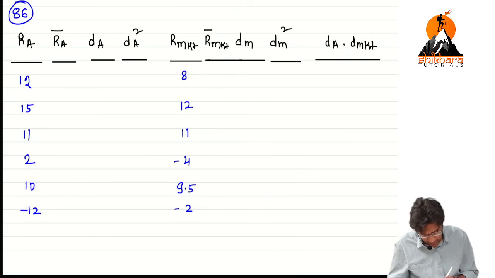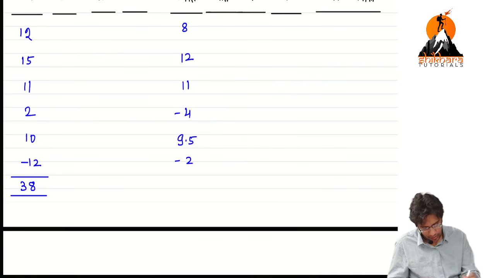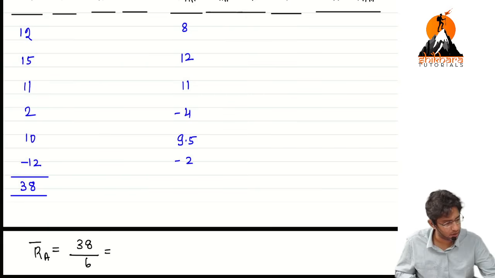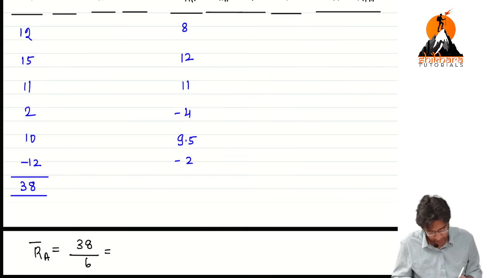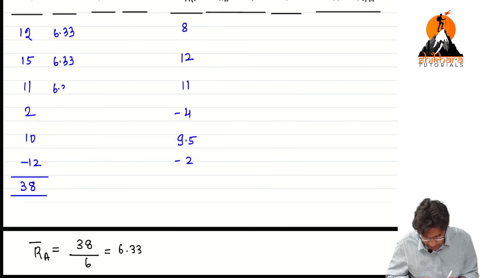The first column total is 38. Now that I have the total, I'll work out the expected return. How many years of returns is this? 6. So 38 by 6 is 6.33%. So that would be 6.33 for all six years.